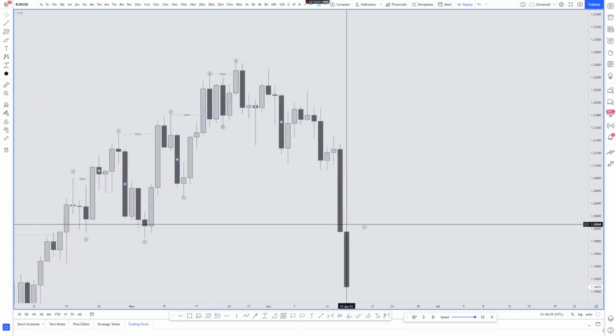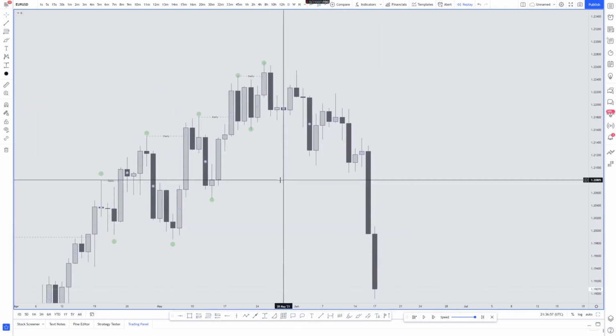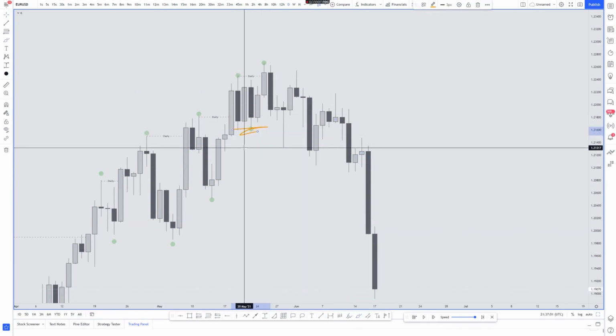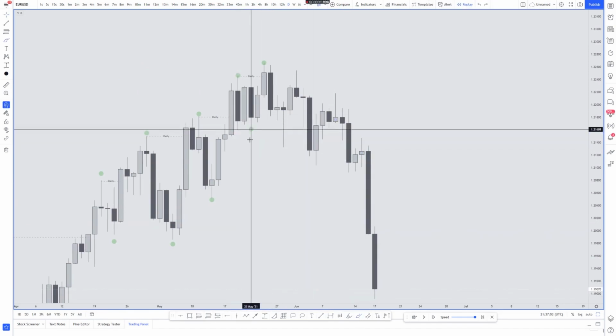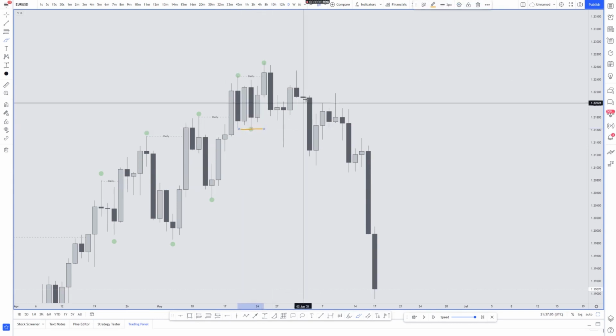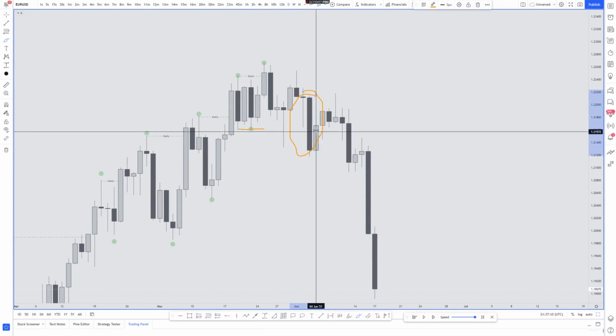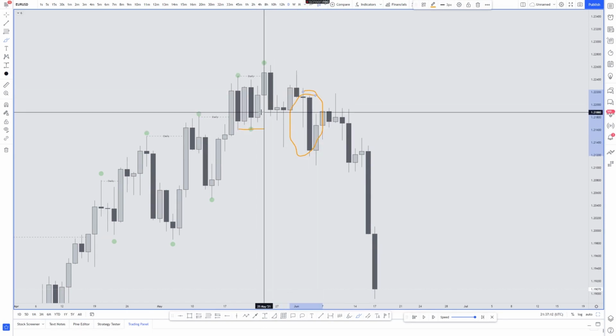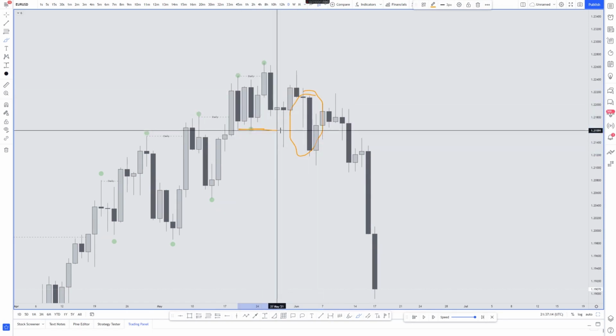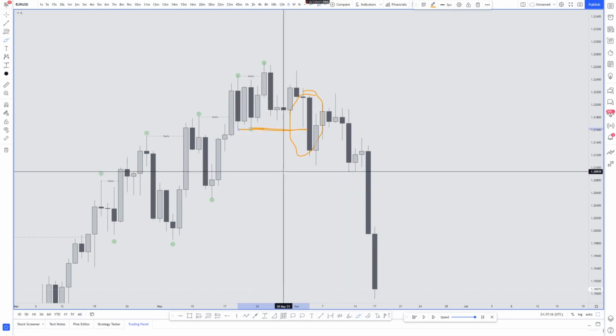Or did it smash the low completely and go through it like nothing? And if we look at this in a little more detail, you can see that this being the low here, this point didn't just get barely taken. This candle completely smashed this low out. In fact, it is the biggest bearish candle we've had in quite some time. So you could say there's some serious momentum to the downside.